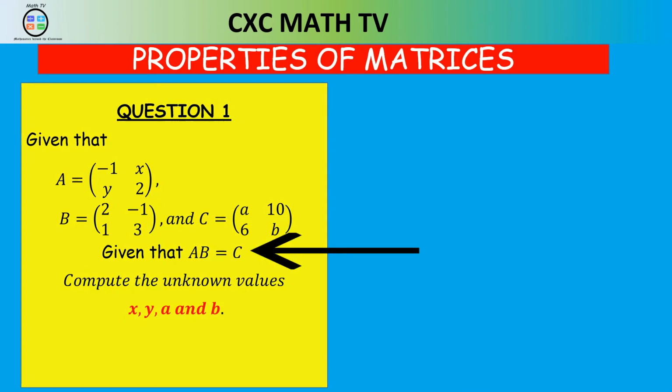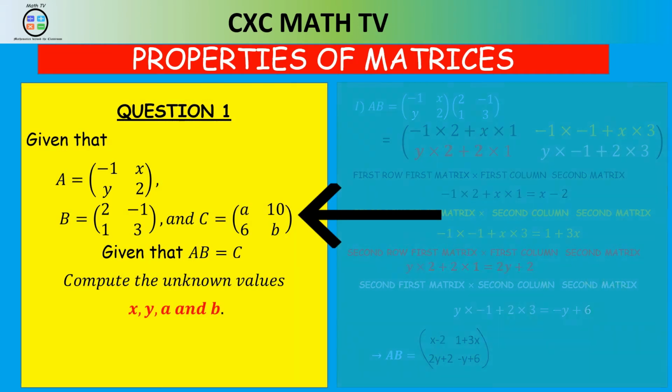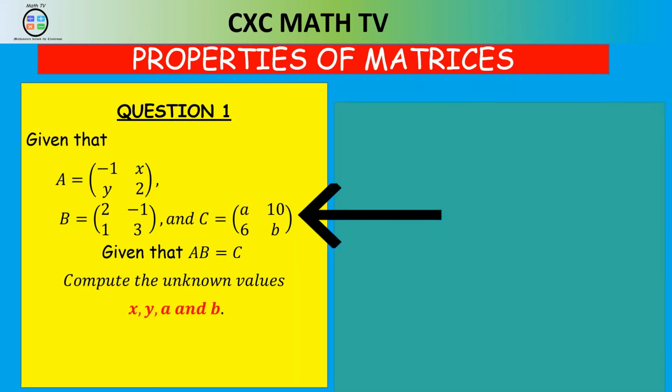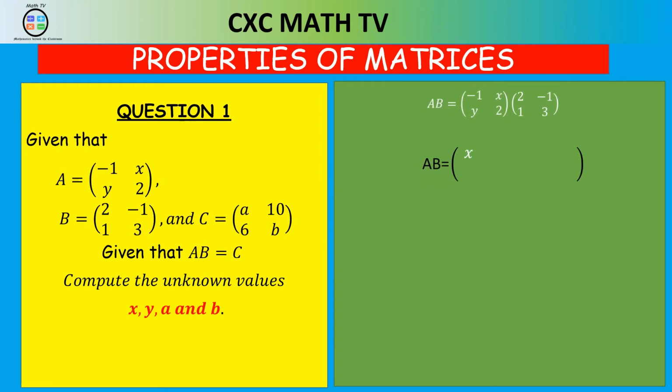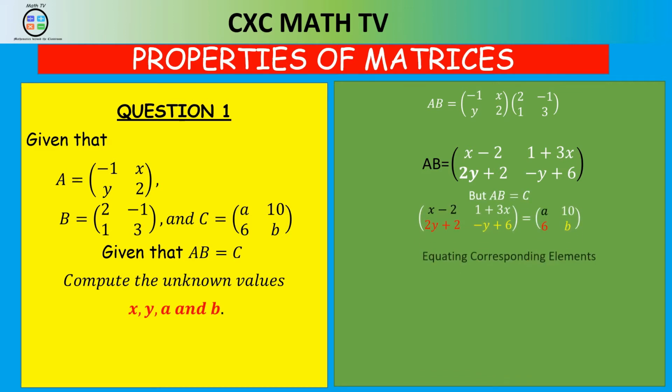Now remember, they told us that A times B is equal to the matrix C. And so we're going to just put AB and equate it to matrix C, and matrix C is a, 10, 6, b. Now look at this. We're going to equate corresponding elements. x minus 2 is in the same position as element a, so x minus 2 equals a. 1 plus 3x is equal to 10.